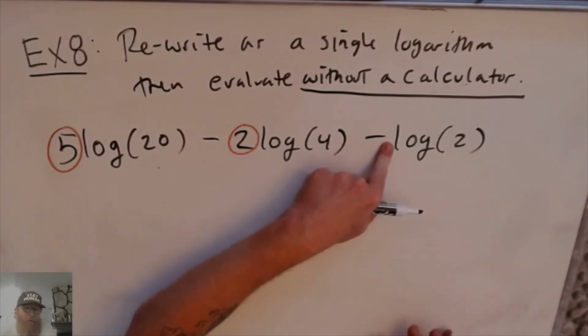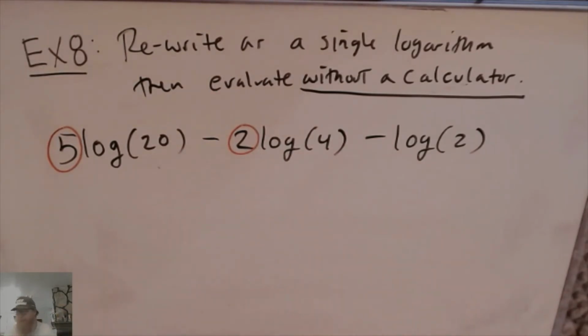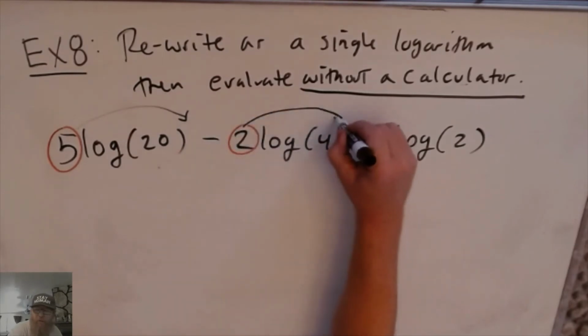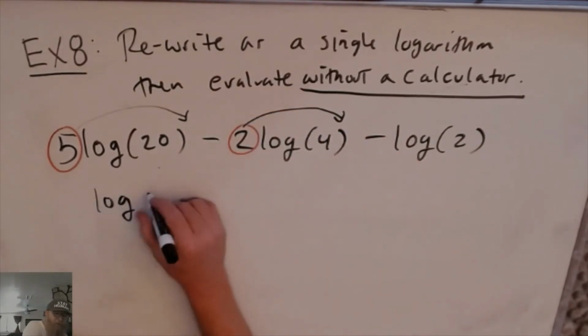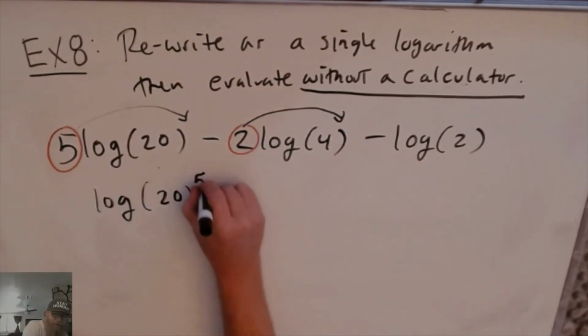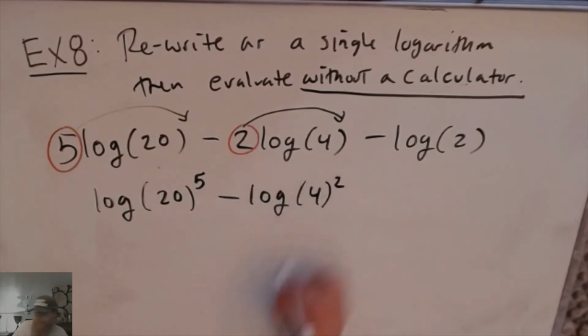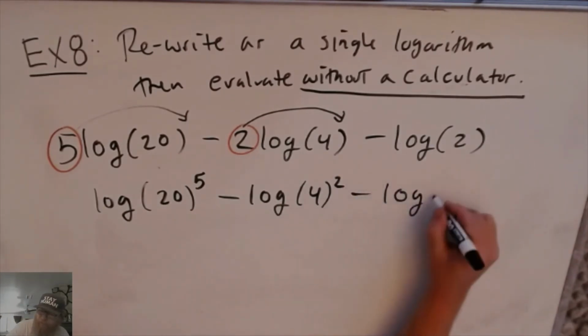Everybody has an exponent of 1, but I'm not going to go there. There's no exponent. It's 1. In other words, we don't have to follow any law if there is no exponent. So log of 20 to the 5th power, log of 4 to the 2nd power, minus log of 2.